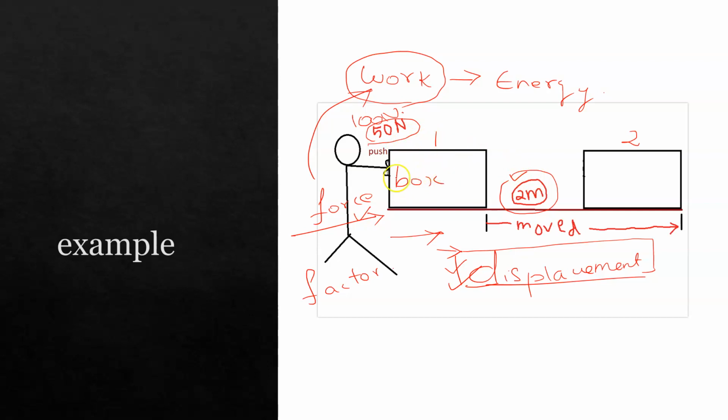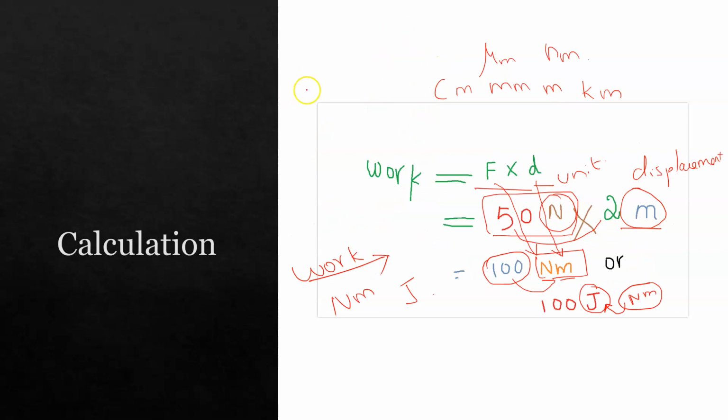If it is the same box, the same weight, and you apply more force, it is displaced more and you are doing more work. So if you want to increase your work, you have to apply more force. So what are the two factors that affect the work? Force and displacement. What is the unit? Newton meter, another unit joules.